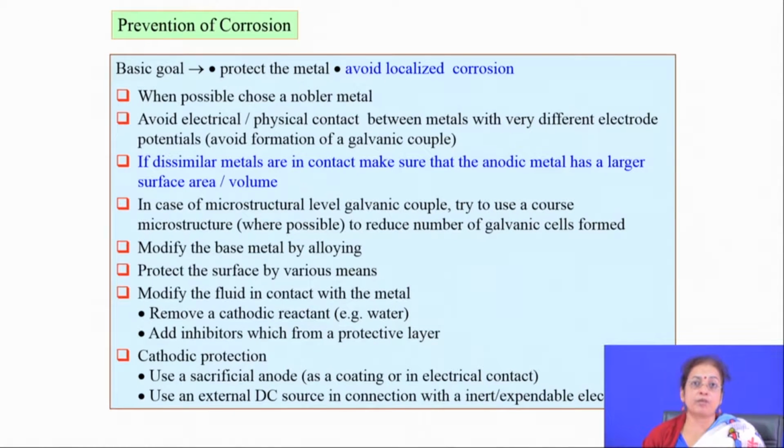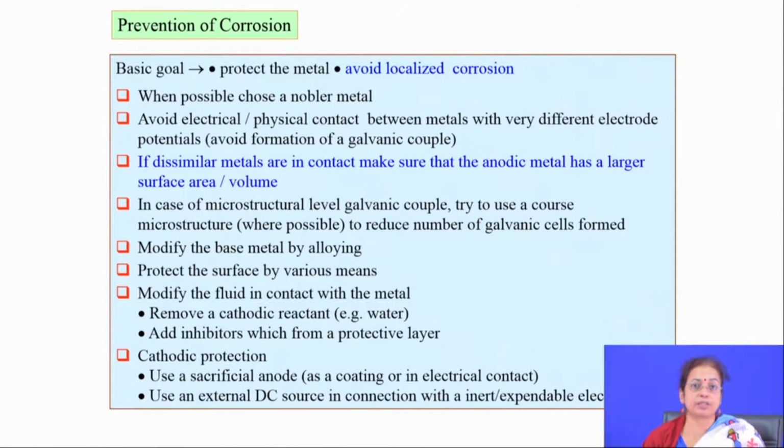Even if it is formed, it is uniform all throughout. Modify the base alloy by alloying, then protect the surface by various means like painting, or some alloying operation, or some coating. Modify the fluid by the application of different inhibitors, and use cathodic protection or anodic protection.